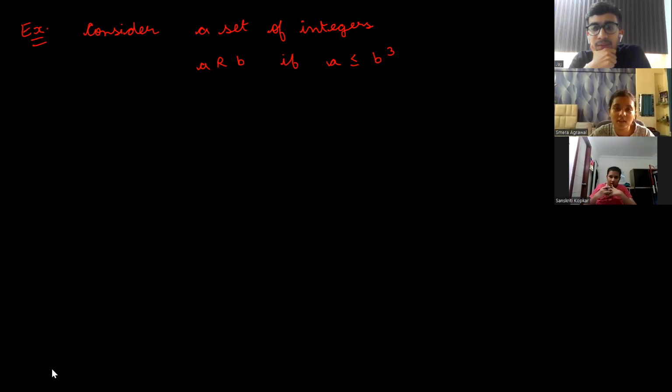See, if you say that it's not reflexive, then you have to give basically a test case or something so that we can check कि ये reflexive नहीं है.